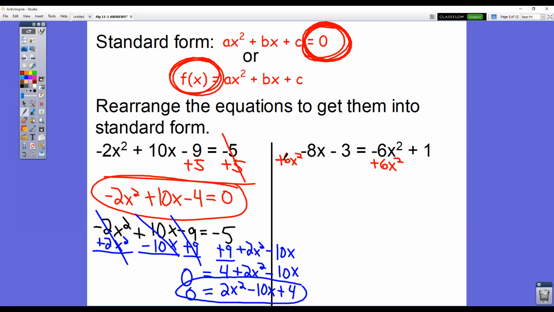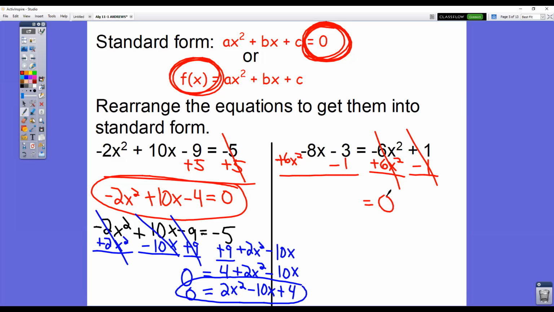Notice where I put the 6x squared. I'm trying to think ahead, putting it in standard form. So I'm going to put it all the way over here, not after the 3. Minus 1, minus 1. Those cancel out, those cancel out. All that you have on that right-hand side is an equals 0.